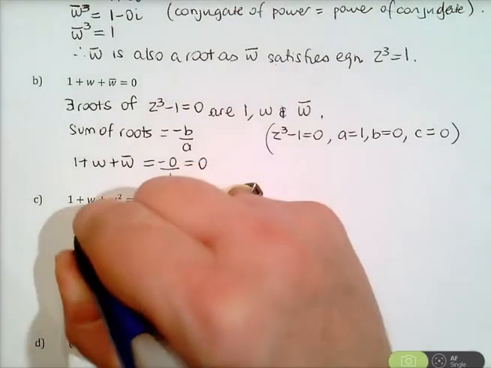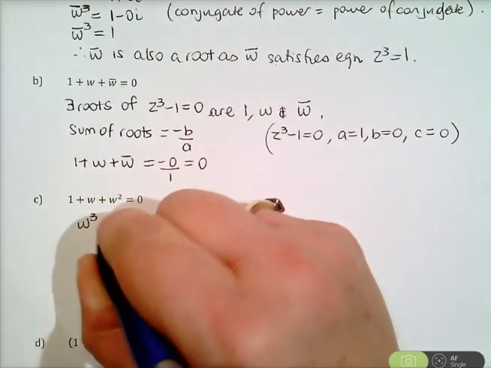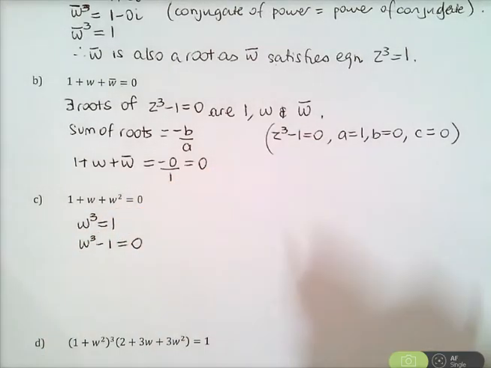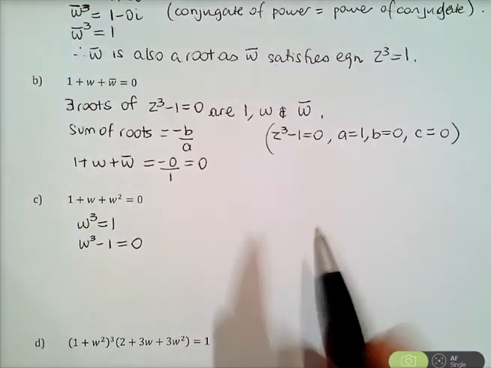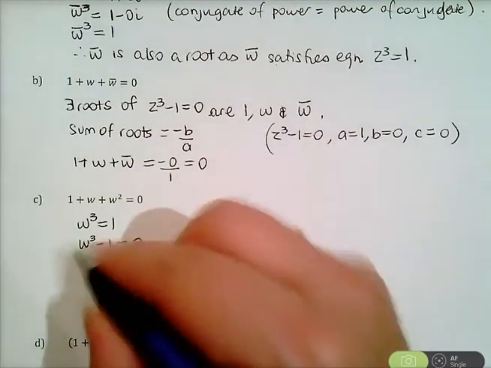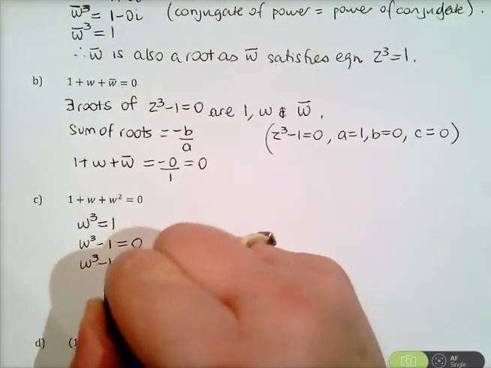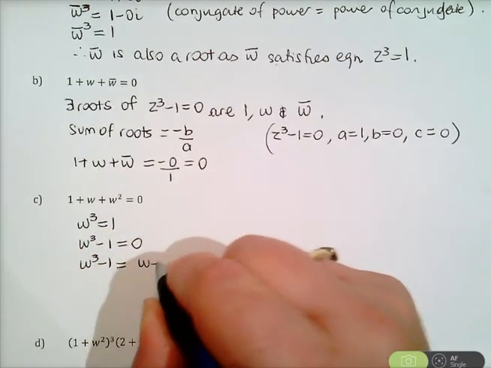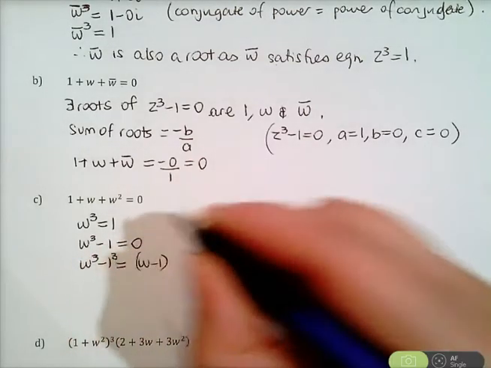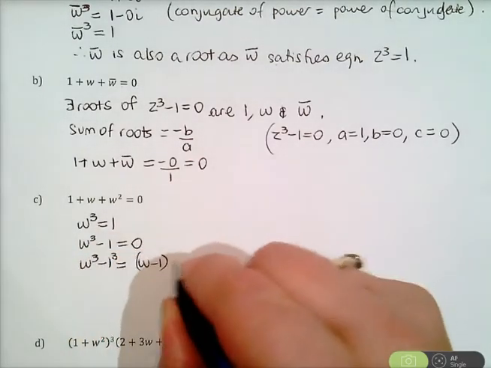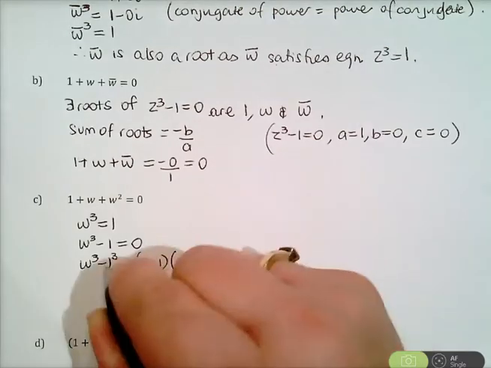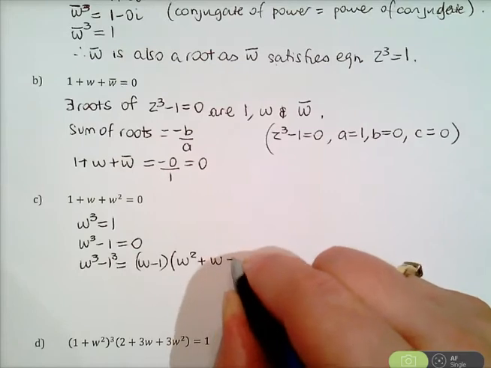Now, in part C, we have to show that 1 plus w plus w squared is also equal to 0. We started off with w cubed equals 1, so therefore w cubed minus 1 equals 0. We know that 1 is a factor, so I'm just going to factorize this. Remember, this is the difference of two cubes, so w cubed minus 1 cubed is w minus 1 times w squared plus w plus 1.